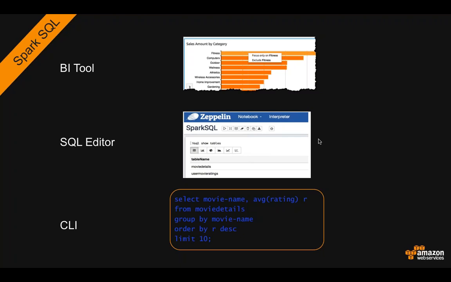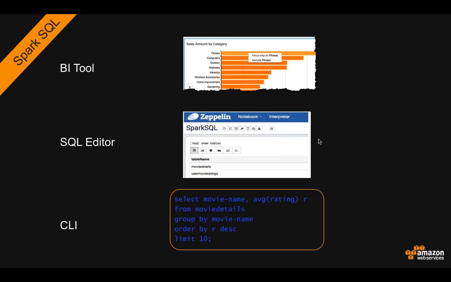The use cases that we see here are a lot of exploratory work, people trying to understand what's contained in a data set, trying to get their arms around what's in there, running some type of exploratory SQL. But we also see it used for ETL, for extract, transform and load purposes.